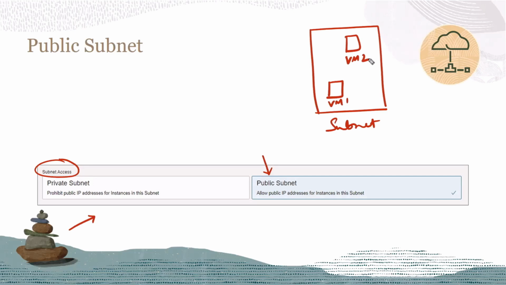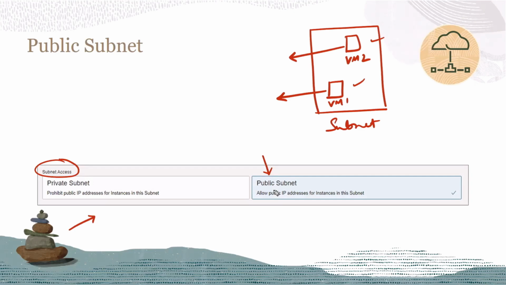And the moment we create a public subnet, we are basically giving a feature that allows us to assign public IP addresses to the virtual NIC of these instances. If you don't select it as public, then you will not be able to assign a public IP address to these instances.